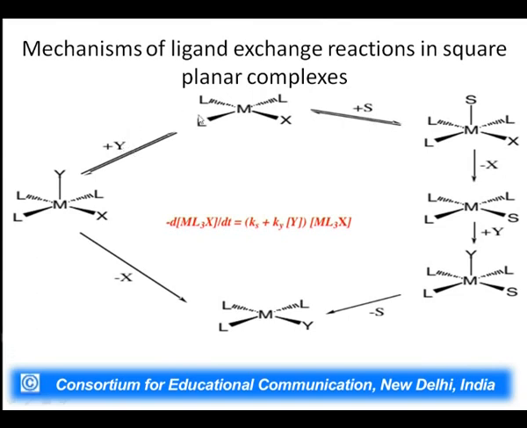The second route is through the solvent. Firstly the solvent associates with the square planar complex to form a square pyramidal intermediate, where instead of the ligand we want to attach, the solvent molecule attaches first. Then the X is released, that is, the M-X bond breaks, and the ligand replaces the solvent in the second step.